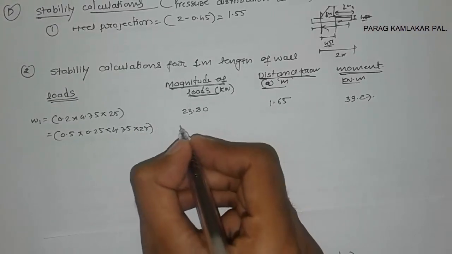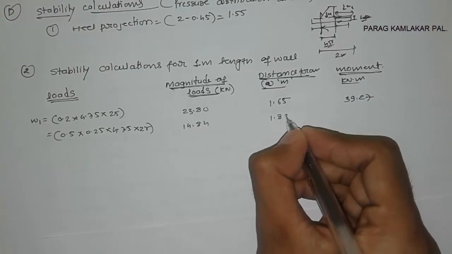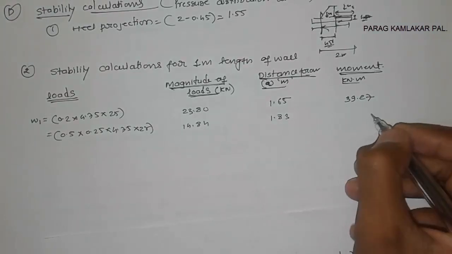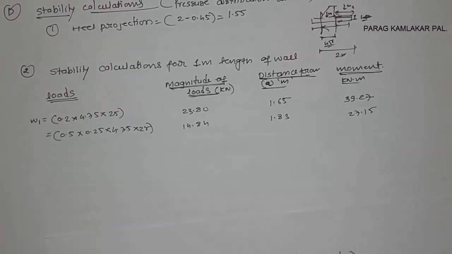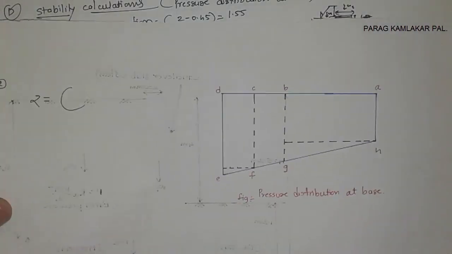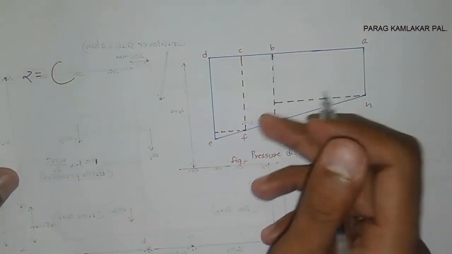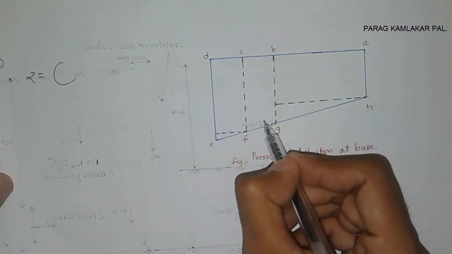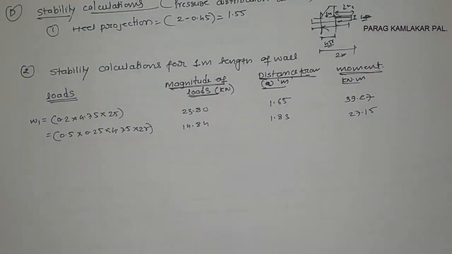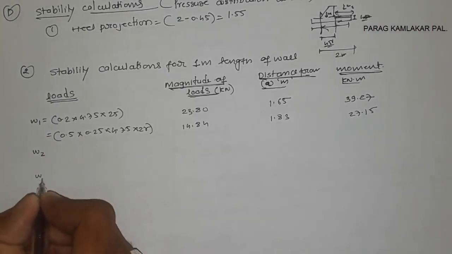From that we get 14.84, with 1.83 as the distance from the top, and the distance from A gives a moment of 27.15. This is the remaining value over here. First we calculated up to this one, then we calculated this one. Now we are going to calculate the value for W2, and then we go for W3.